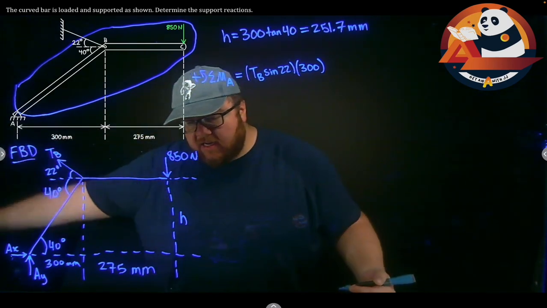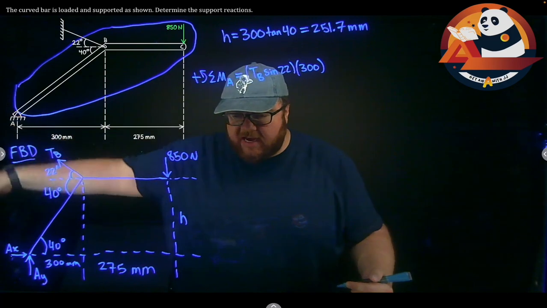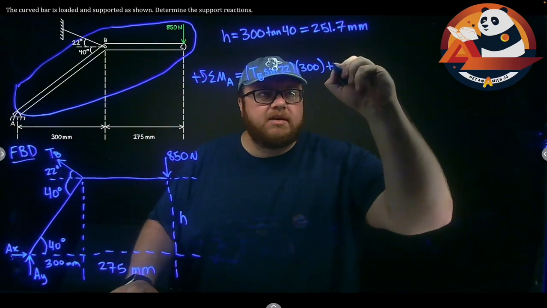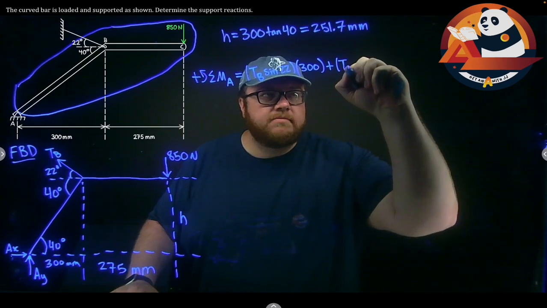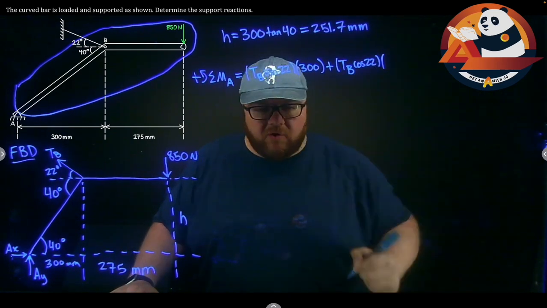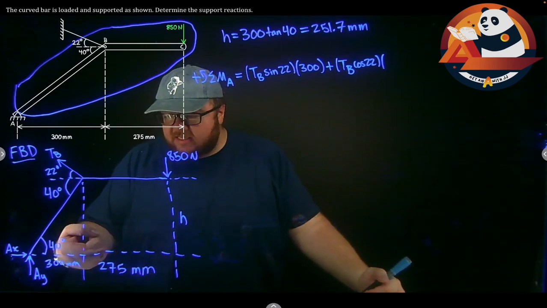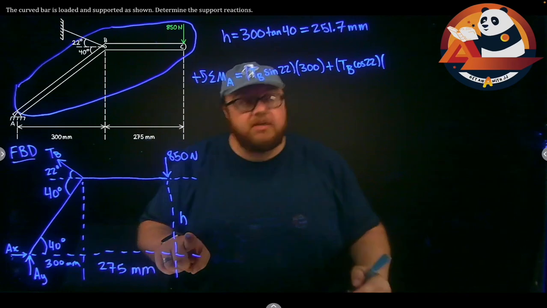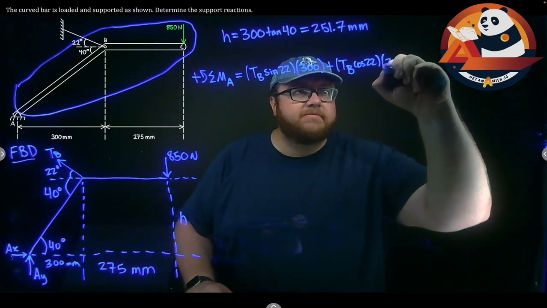That would cause a counterclockwise rotation down and around A, so we'll add it in as well. Plus TB cosine 22 force times our distance. That should be from the X component down to A, our height H, 251.7.